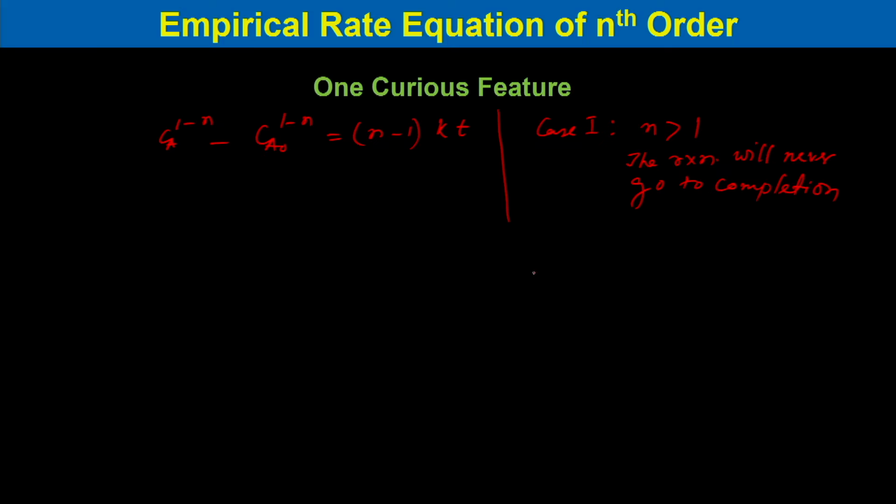Case 2, if n is less than 1, what will happen? The reactant concentration will fall to 0 and then move to negative as you increase the time.